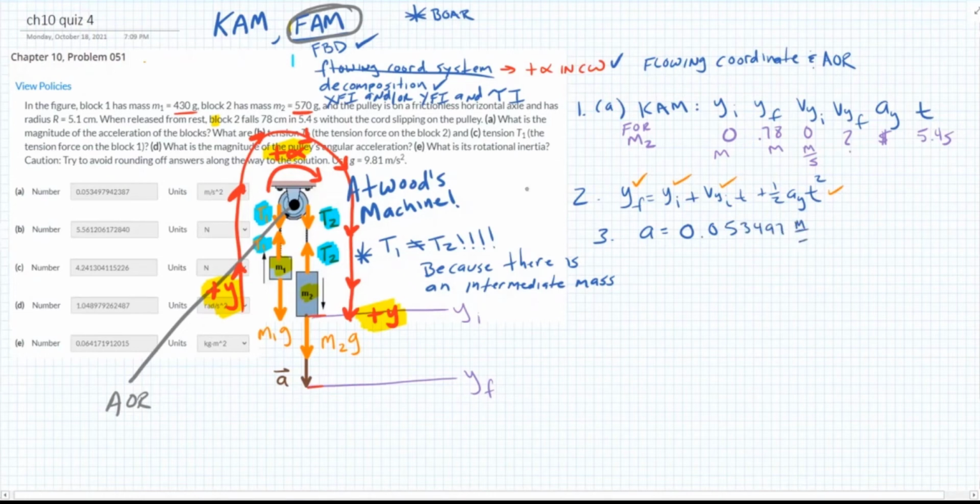Back to linear acceleration. This is the answer to part A.